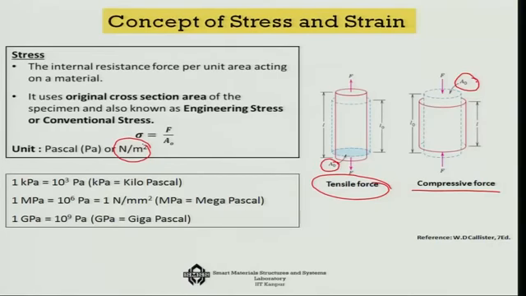I will talk about that machine later. So, thus you can understand what stress is, which is the internal resistive force averaged out for the area over which this force is working, and its unit is the Pascal. Now, what is the strain of the material?